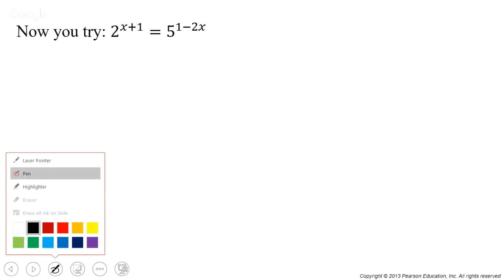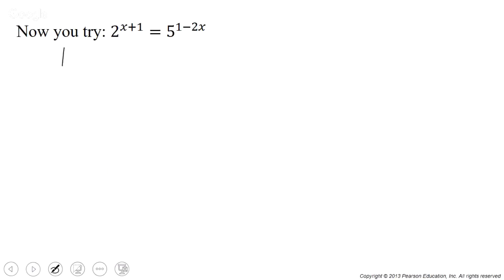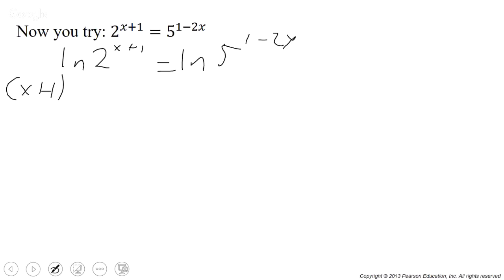Okay, let's work it. So I'm going to ln both sides. Now I can bring the powers down. Remember, you put it in parentheses. So x plus 1 ln of 2 equals 1 minus 2x in parentheses ln of 5.